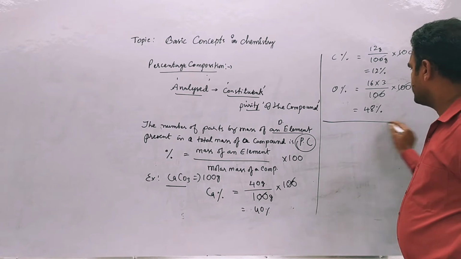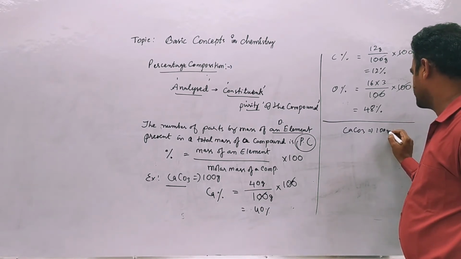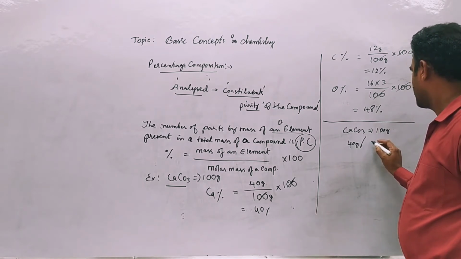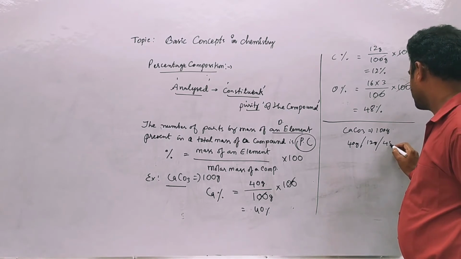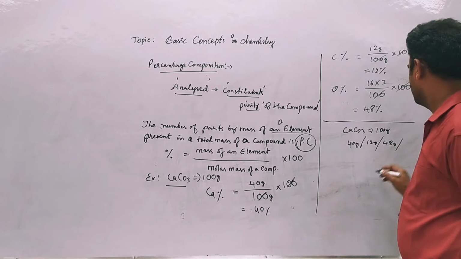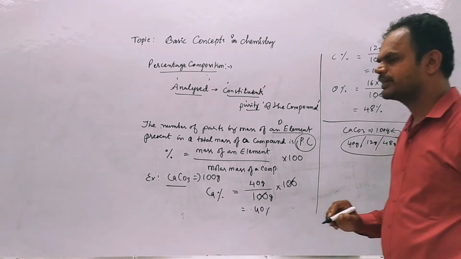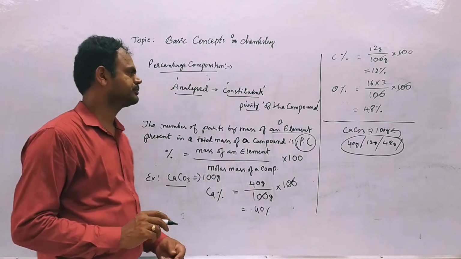So if you analyze the CaCO3 100 grams compound, 40 grams by mass of calcium and 12 parts by mass of carbon, 48 parts by mass of oxygen together will make how much? 100 grams is the total mass of the compound, we say.